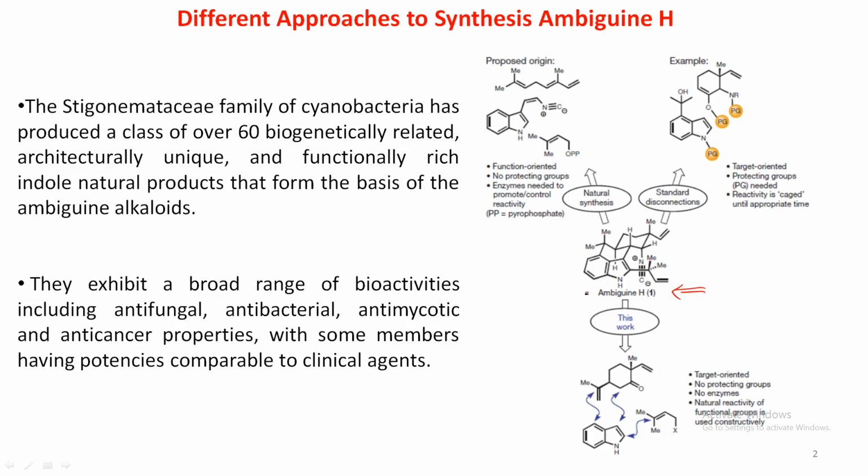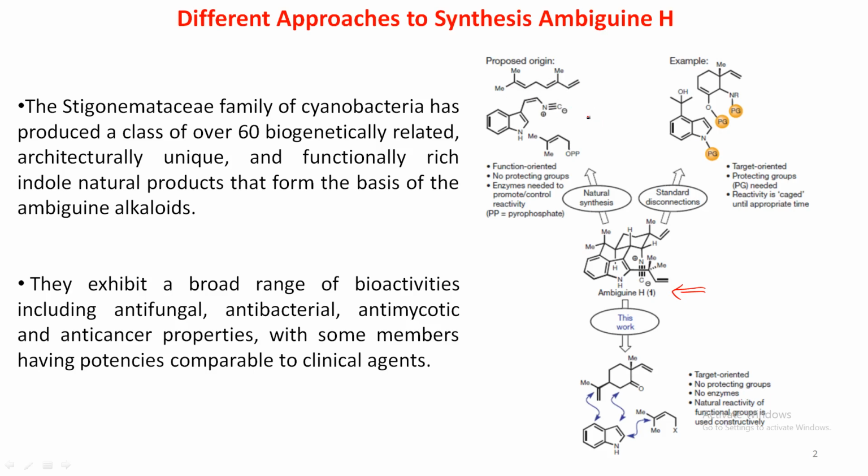So in nature, how is it made? Here you can see this particular indole, and the reverse prenyl can come from isoprene units, so diterpene or tetraterpene type of things which are naturally occurring. So from that nature is making it.